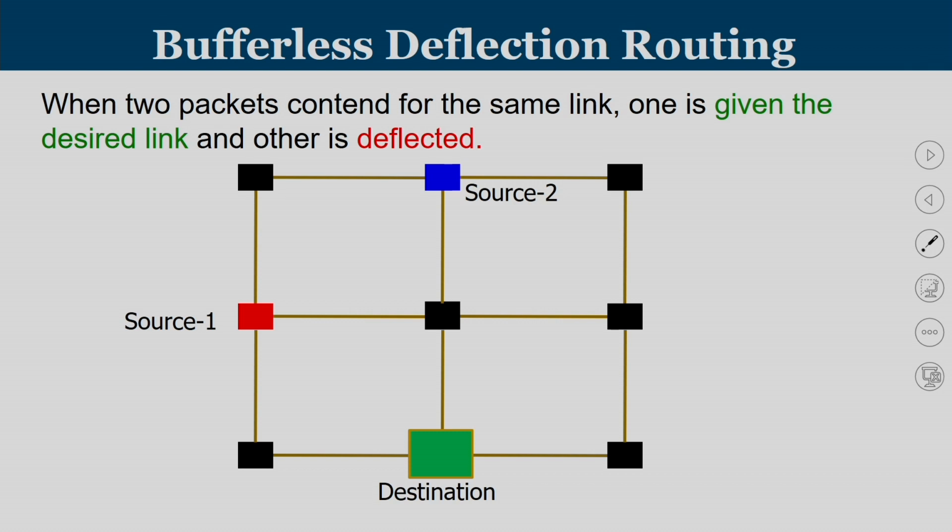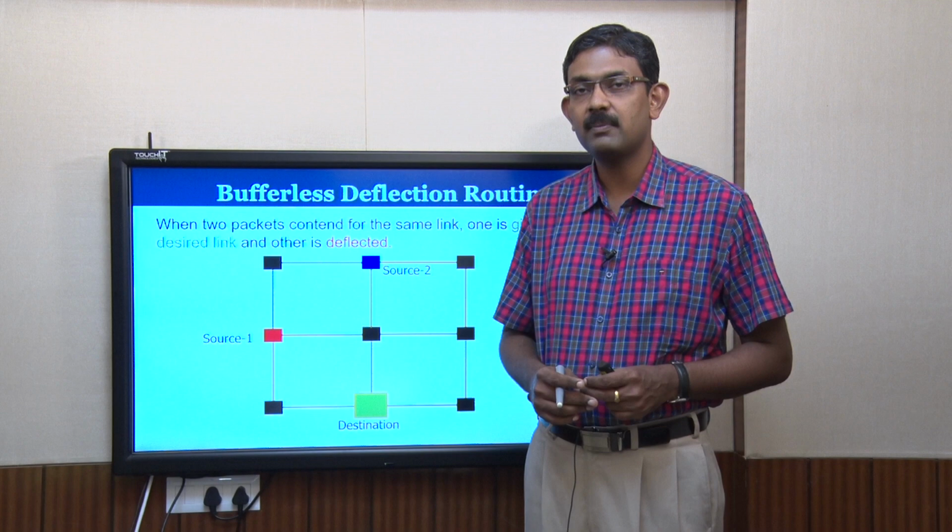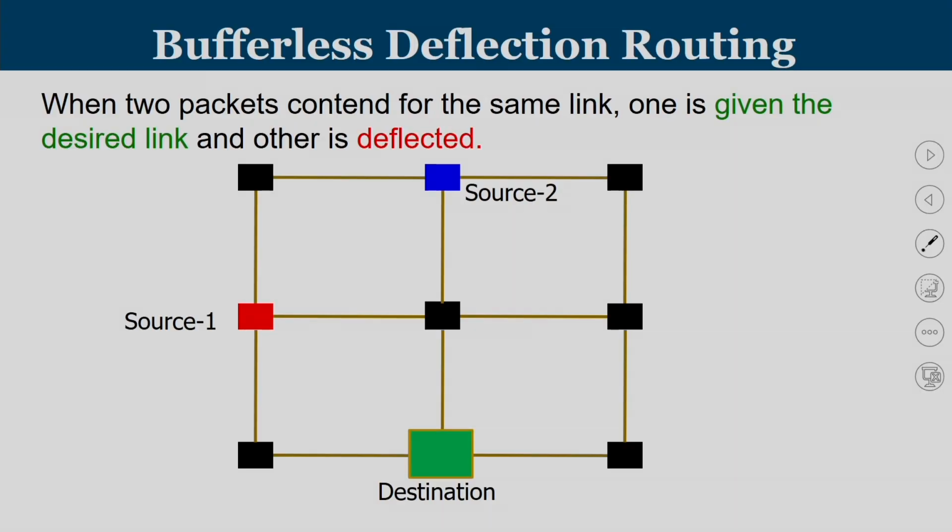When you have two packets contending for the same link, one is given the desired link and the other packet is deflected. Consider the diagram where we could see that there are two sources. One is shown by the red node, the other one is shown by the blue node. Both the red and the blue have the destination which is marked as green.